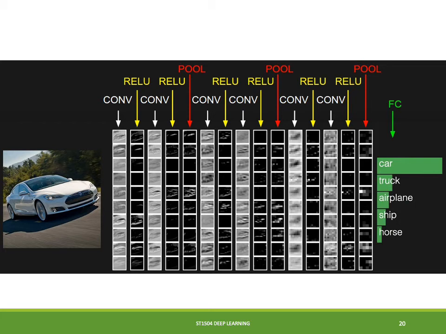Then the deeper you go, you start recognizing more and more abstract features in the image. As you go deeper and deeper down, you will notice that the activation map being shown is harder and harder to recognize compared to the original image, because it's a more abstract interpretation of the original pixels.